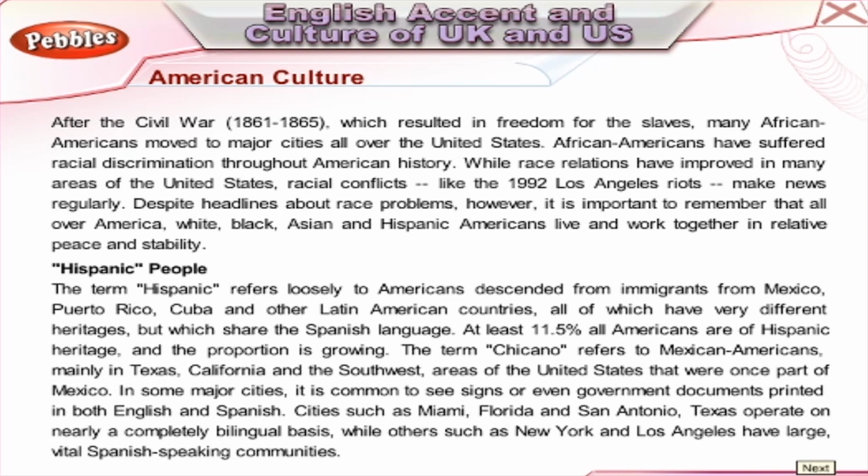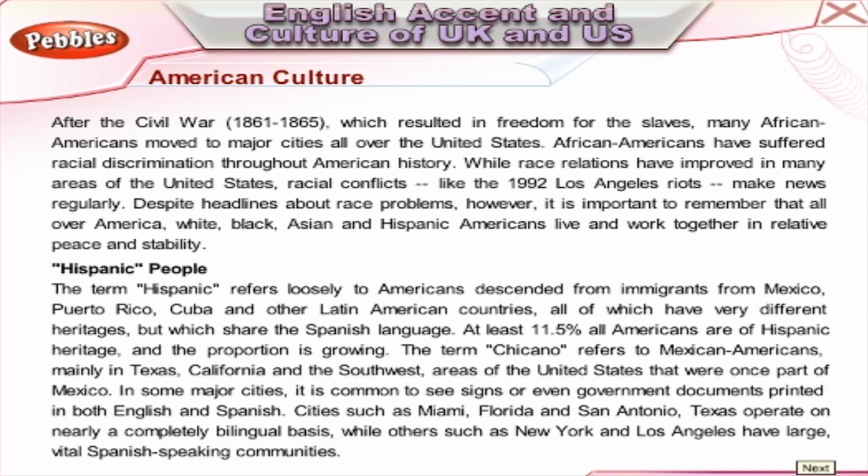Hispanic people. The term Hispanic refers loosely to Americans descended from immigrants from Mexico, Puerto Rico, Cuba, and other Latin American countries, all of which have very different heritages, but which share the Spanish language. At least 11.5% of all Americans are of Hispanic heritage, and the proportion is growing.